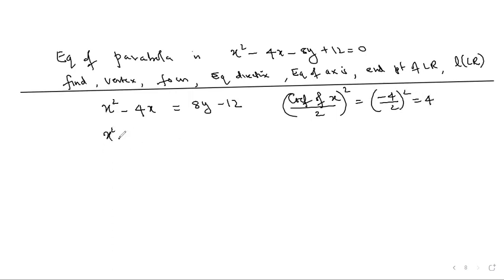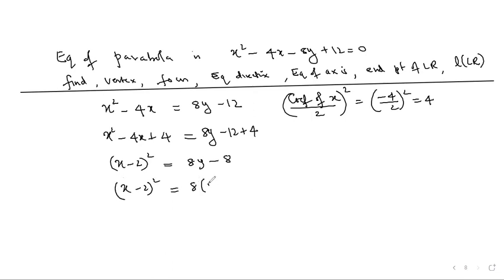So x square minus 4x plus 4 equals 8y minus 12 plus 4. X minus 2 the whole square equals 8y minus 8. X minus 2 the whole square equal to 8 into y minus 1, which is of the form x square is equal to 8y.